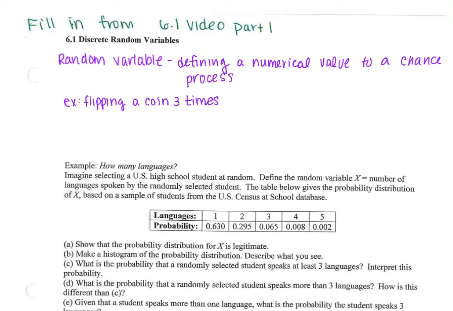So flipping a coin 3 times, that right there is your chance process. And your variable is going to be the number of times it lands on heads.